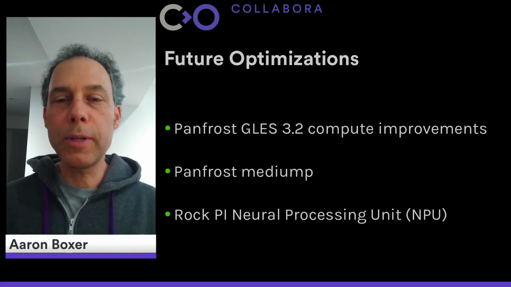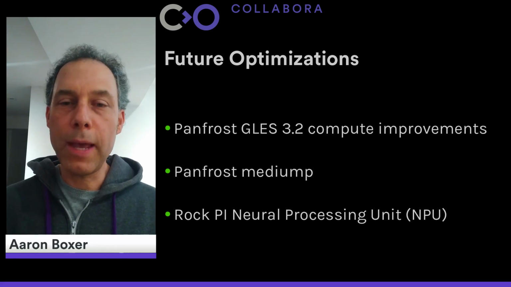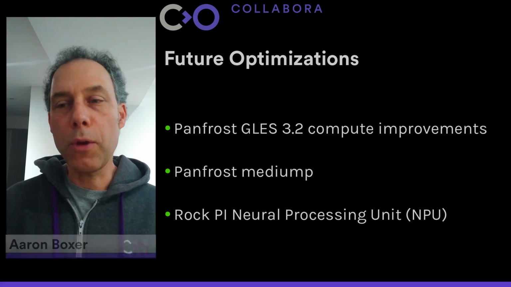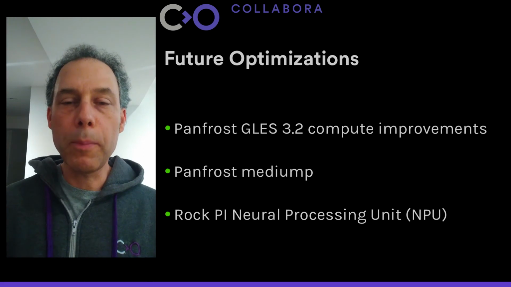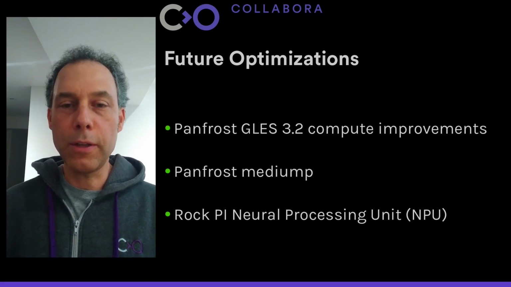There's nothing upstream at the moment for GStreamer, so we're hoping to integrate what we've done on Panfrost and, let's say, on the RockPi into GStreamer, so that it would be possible to have new elements that would support object detection on this device. And now, finally, we're going to show you our object detector running on the RockPi using Panfrost.